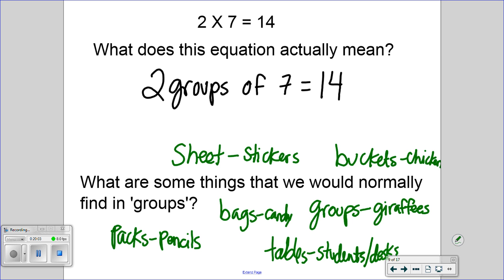I've already said that, so think about that a little more. Georgina? Schools in different counties and children in different counties. Yeah, you could group schools, and the things in those schools would be students. That would be really big, a lot of multiplication, because that's a lot of kids. You could do that. How about a box? What do we get in boxes?